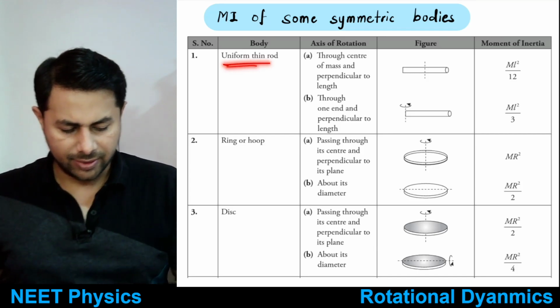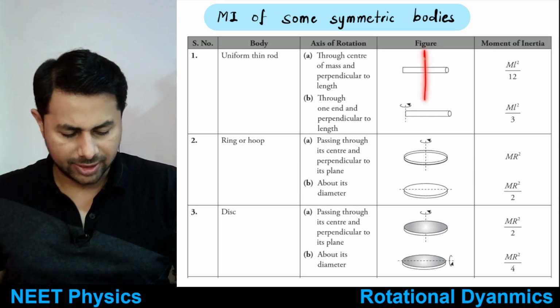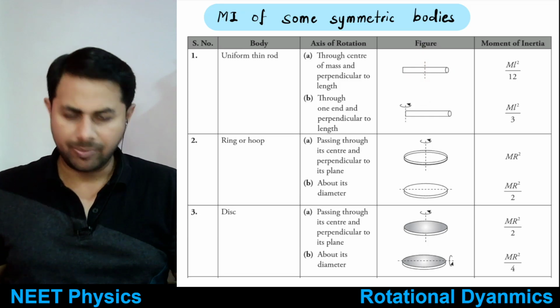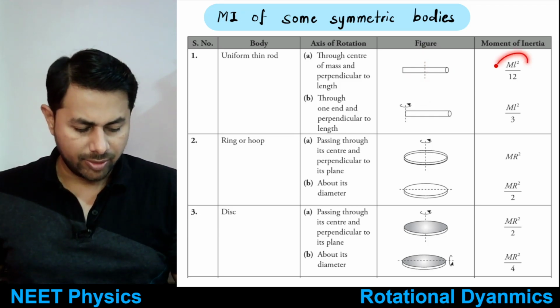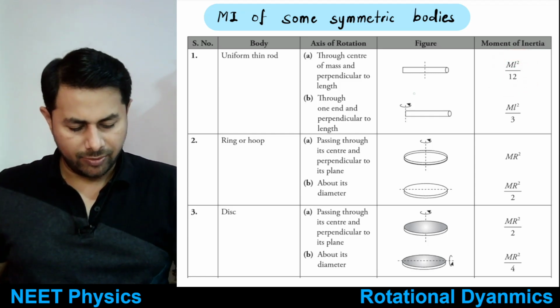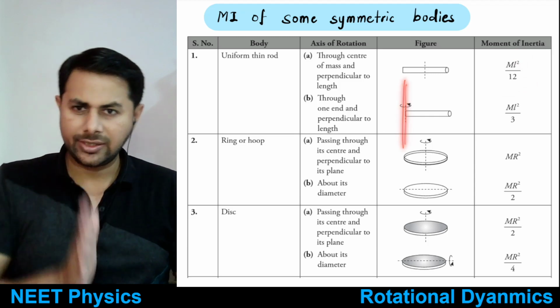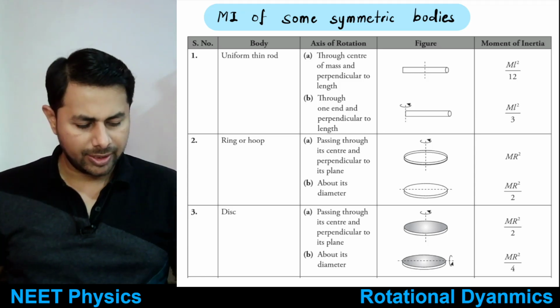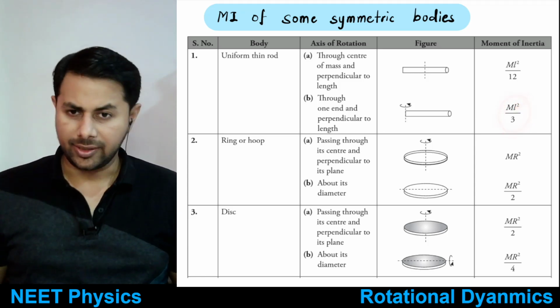For a uniform thin rod, the moment of inertia about an axis passing through its center, that means its midpoint, and perpendicular to its length, we just found this, it is ml square divided by 12. For an axis which passes through its edge, moment of inertia is ml square by 3.